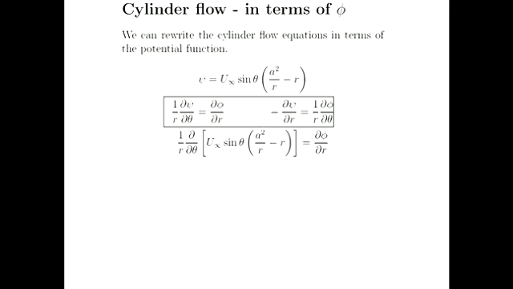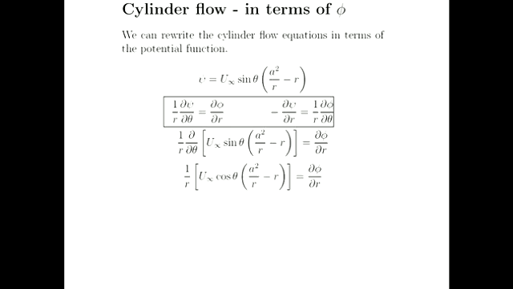So differentiating that term in the square brackets with respect to theta is pretty straightforward. The only function of theta in the square brackets is sine theta, and I know that the differential of sine theta with respect to theta is just cos theta. And then all I need to do now is integrate everything on the left-hand side of that equation with respect to r.